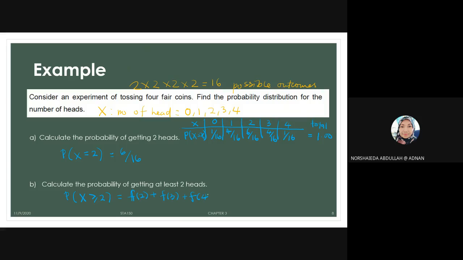At least 2 means minimum 2, so it can be 2, 3 or 4, more than 2 is also fine. Okay, alright, so plus 6 over 16 plus 4 over 16 plus 1 over 16, so we get 11 over 16 as the probability of at least 2 heads, right?